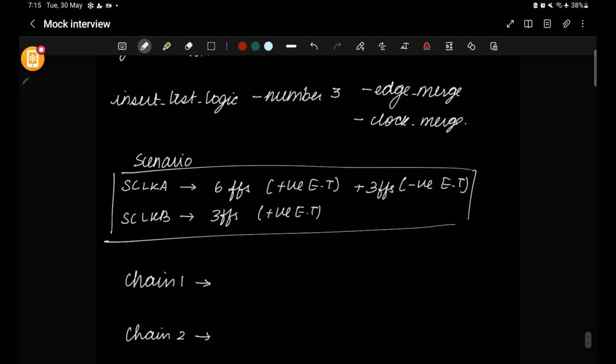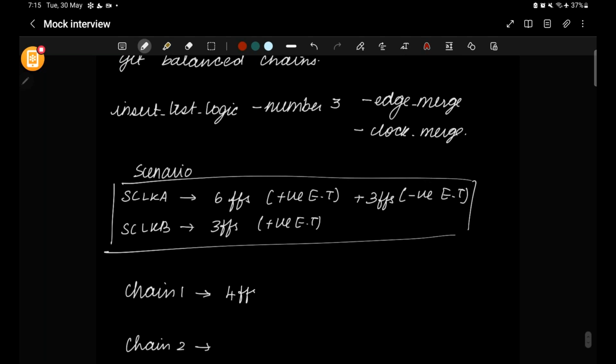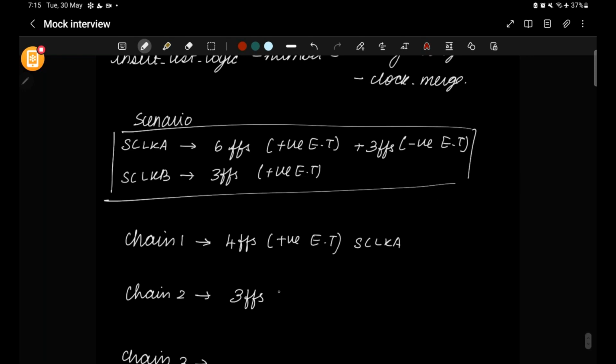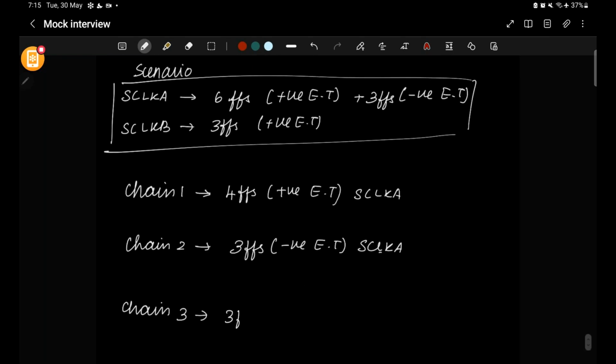In chain 1, the tool will keep 4 positive edge triggered flops of scan clock A. And then in chain 2, the tool will keep 3 flops, the negative edge triggered flops of scan clock A. And here the tool will keep 3 flops, the positive edge triggered flops of scan clock B. And here only 4 flops is there, right?